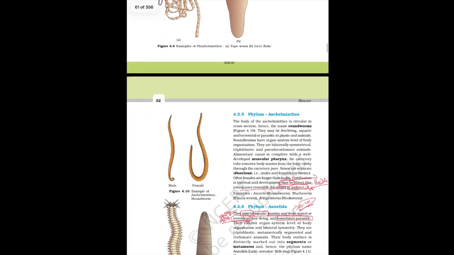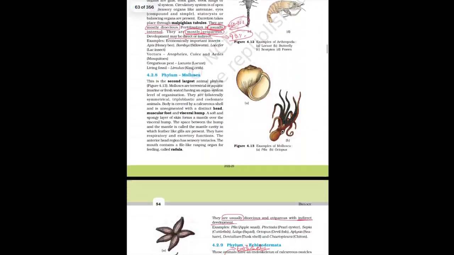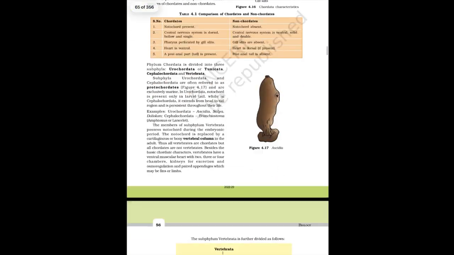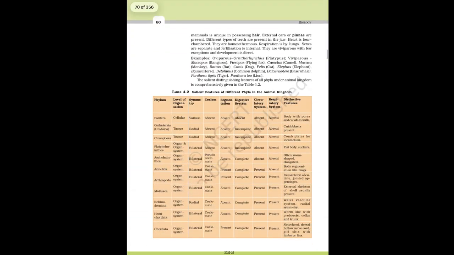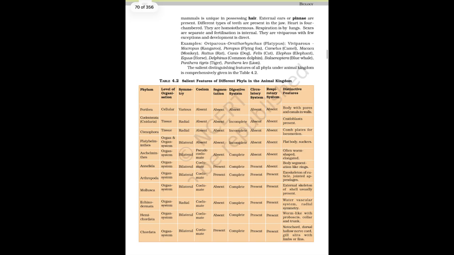In the end, when you are reading Animal Kingdom, don't leave out this table which is given here. Just look at it. You have to see the level of organization. Then you have to see symmetry. Then coelom, segmentation, digestive system, circulatory system, respiratory system.